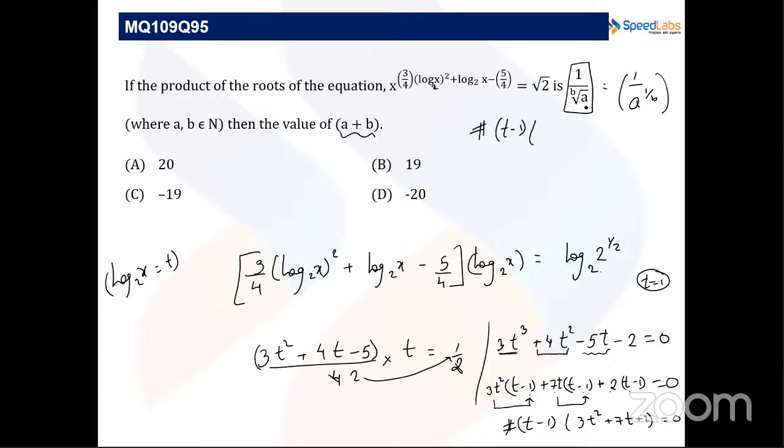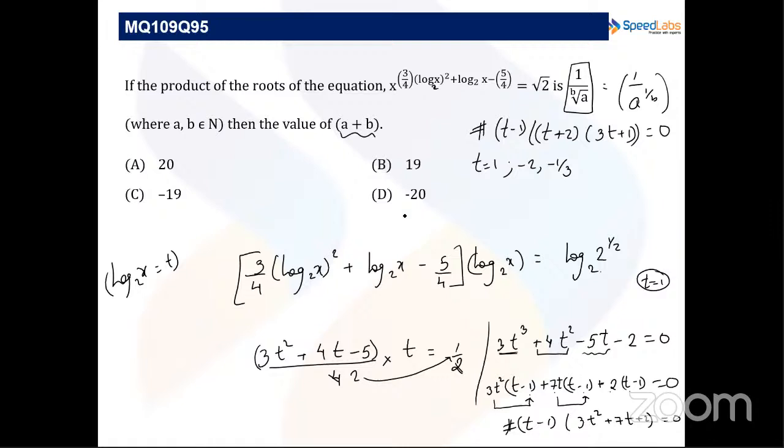So you will be having the factors 3t square plus 6t, you will take out 3t common, so you will get t plus 2, and 3t plus 1 equals to 0. So the value of t is 1, minus 2 and minus 1 by 3.